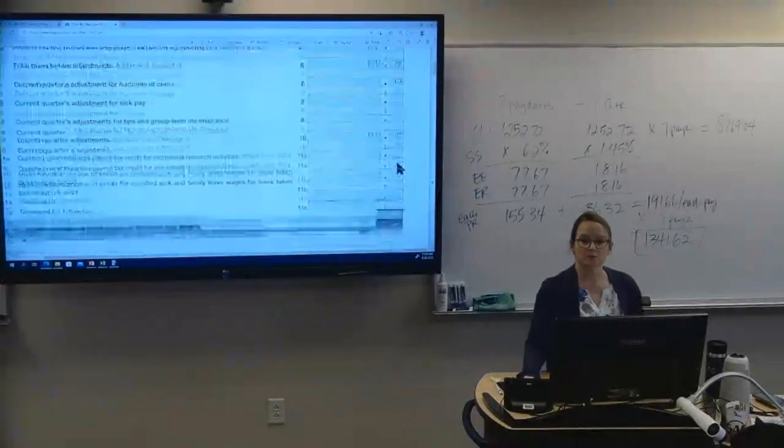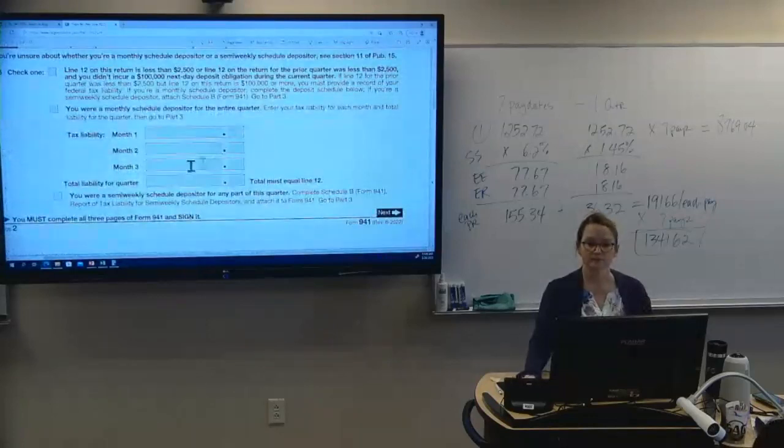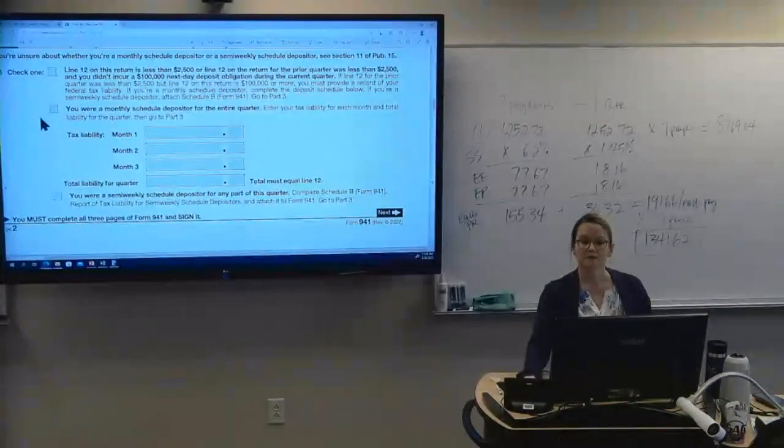Okay. You will see when we get to the second page, down here, this indicates how much we deposited over the course of that quarter. Now there are 3 different options here. If you owed less than $2,500, you haven't deposited anything yet, you make your deposit with the form.